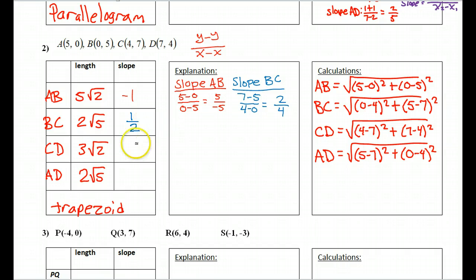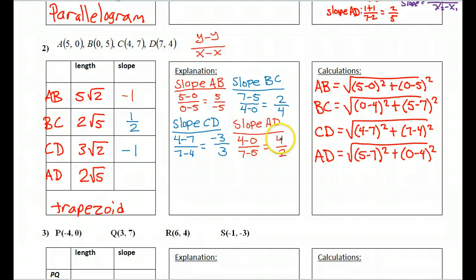Now let's do slope CD. We get negative 3 over positive 3, which again is negative 1. And then finally we'll do slope AD, and that gives you 4 over 2, which is 2.